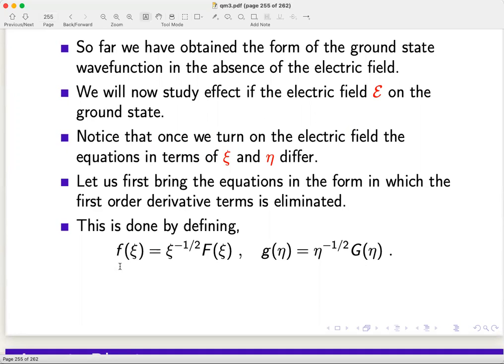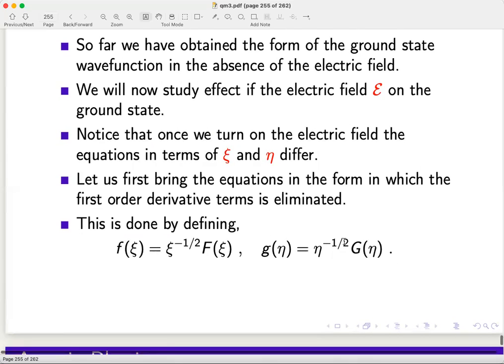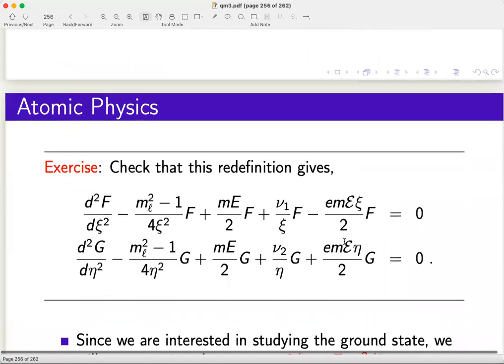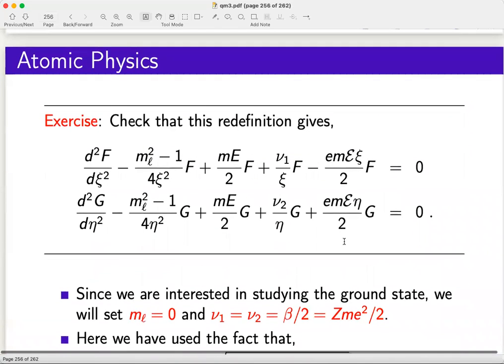The f of xi that we were looking at earlier would be written as xi to the minus half times a new function of xi. And similarly g of eta would be written as eta to the minus half times capital G of eta. If you do this, then one can bring the equation into a simpler form by eliminating the first order derivative term.